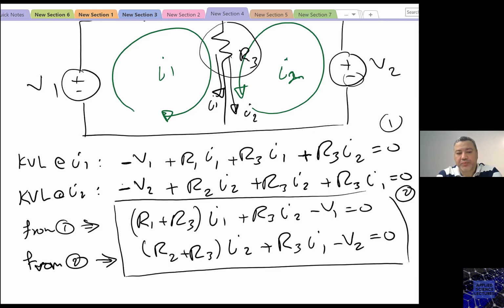Yes, it's a loop that we can assign a variable as a non-zero current. The directions could be given, or it could be left up to you to decide what direction you want.